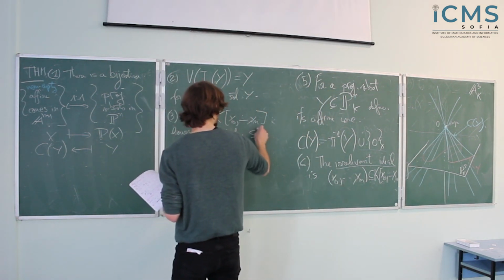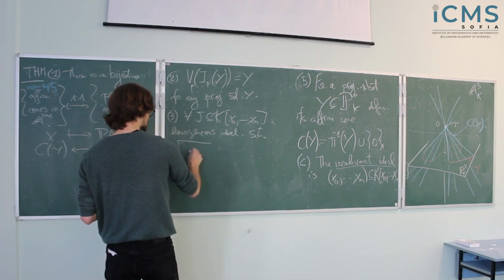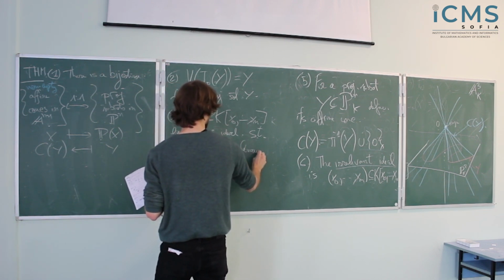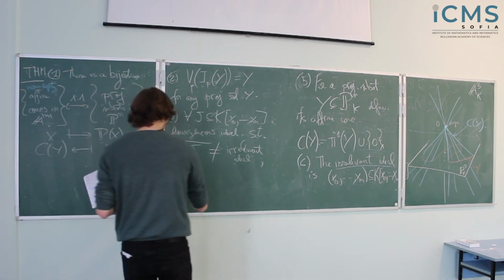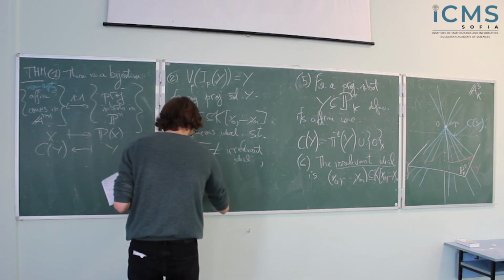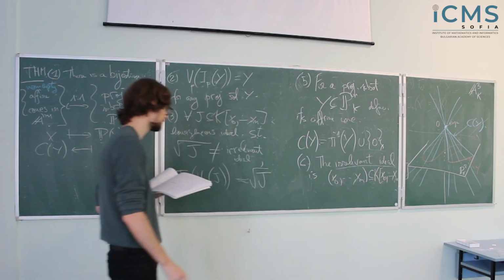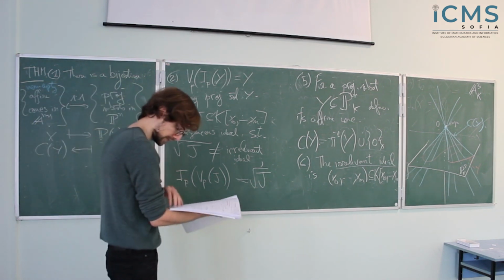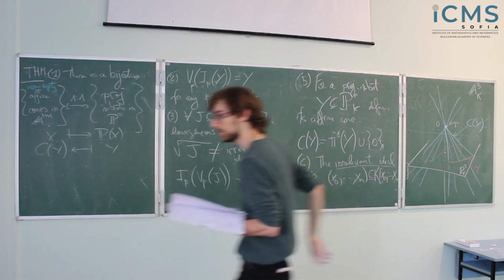So we need to exclude these cases. For any such ideal, if I consider the ideal of the zero locus, then I get the radical. And the idea is to bring everything back to the affine cone.